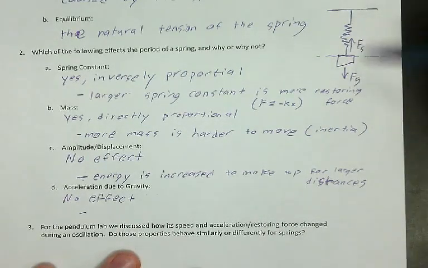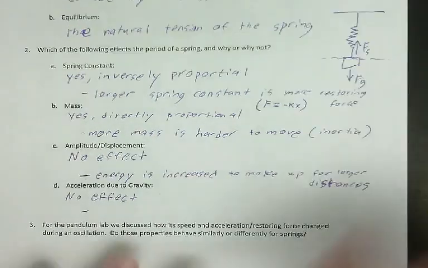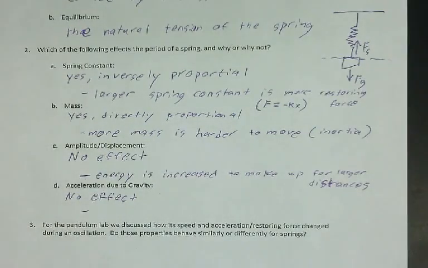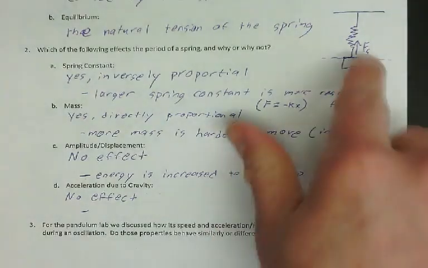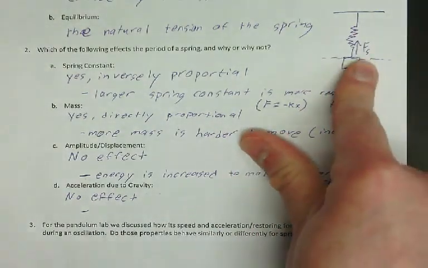It's not affected by gravity anymore. If you took a spring up in space, it would behave the exact same up in space as it does here. You could stretch it out, you could bounce it up and down, it would behave the exact same way, assuming that you had room for it to oscillate. So gravity is not a factor. All gravity does is stretch it out to change the equilibrium.